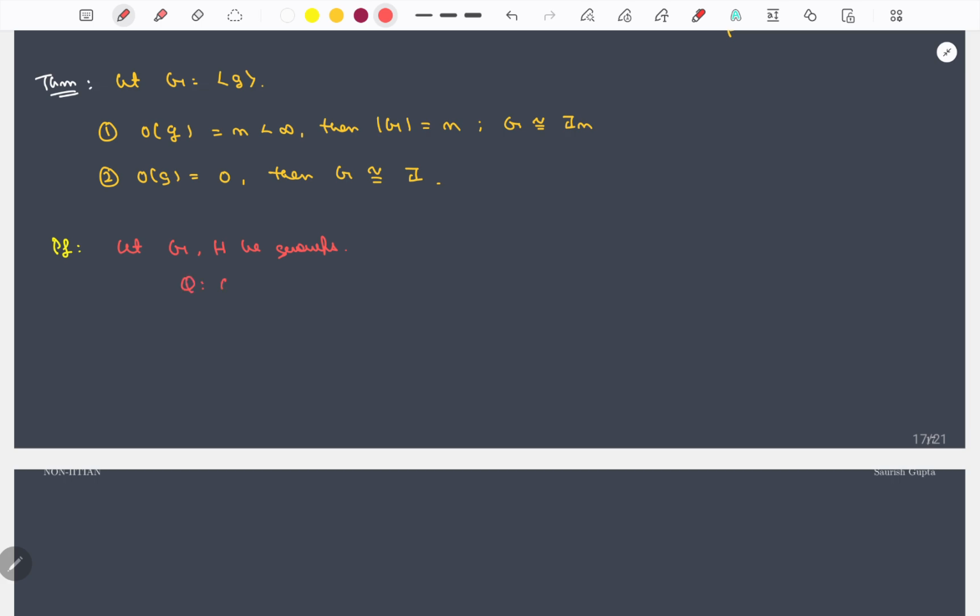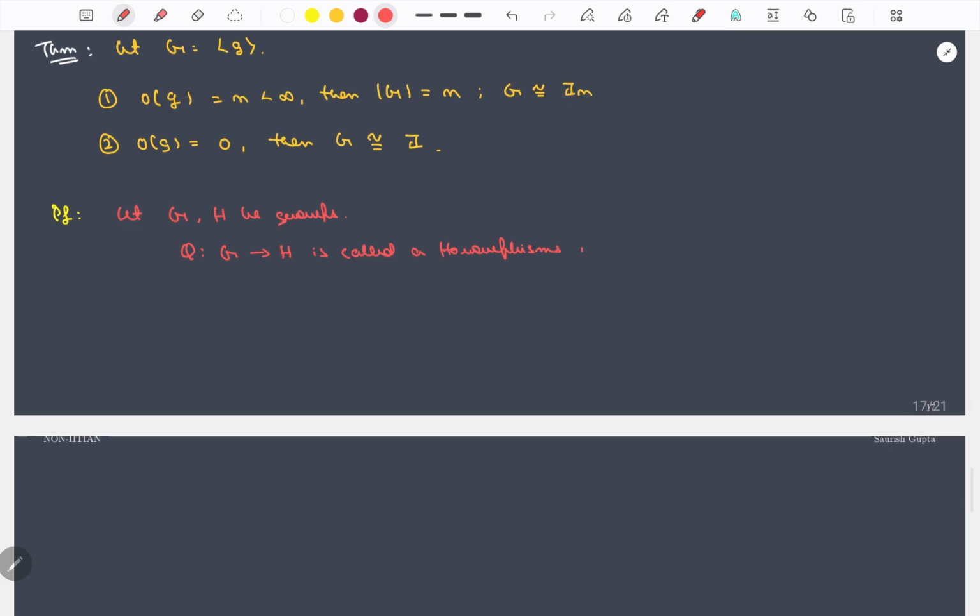A function phi from G to H is called a homomorphism if it preserves the operations in the groups. That is, for every x and y in G, phi of xy is equal to phi of x times phi of y.